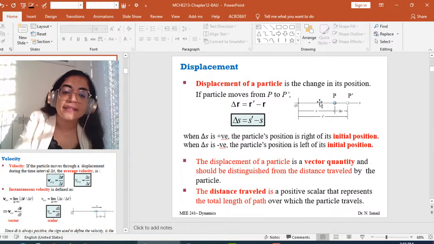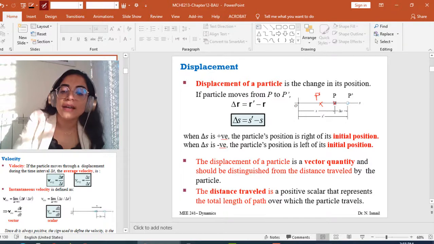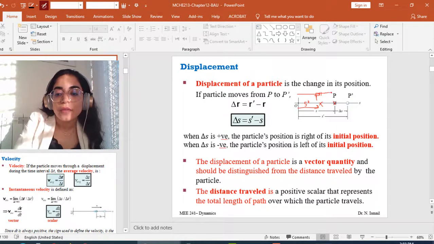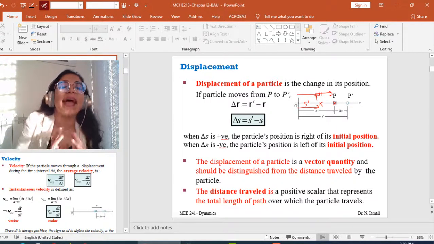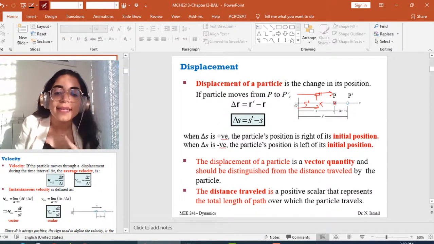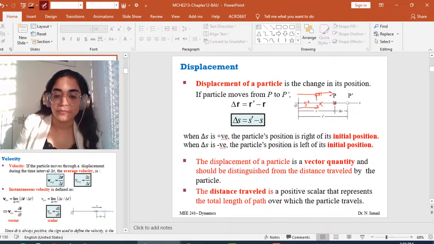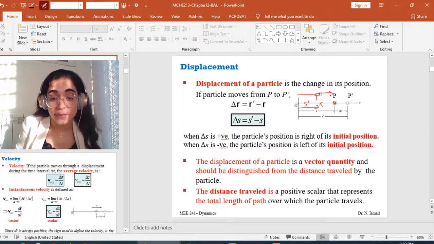Now, if the particle is moving to the left side, so let's say this is the initial position, this is P. If this is P double prime, I know, guys, that delta S will be S double prime, it is always from O, minus S. And this means, guys, that delta S here in this case is negative, all right? Because it is at the left side of the initial position, all right? So this is what is called displacement.